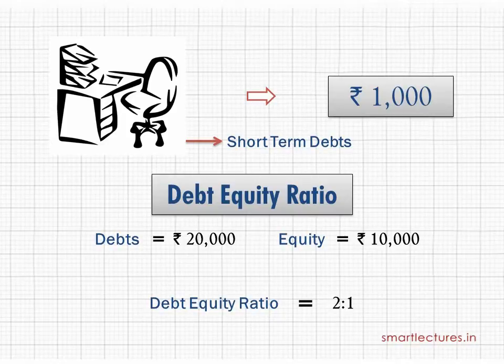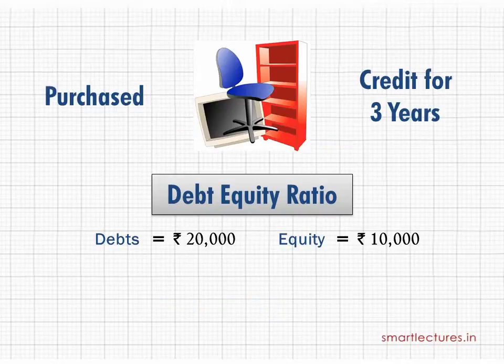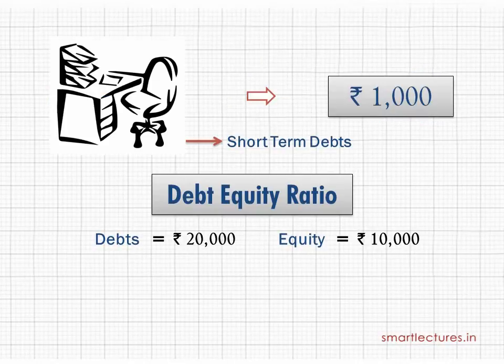Let's take one more example. Suppose furniture is purchased on credit of 3 years. It means this firm has created long-term liability. Suppose furniture was purchased for rupees 1,000 and original ratio of the debt equity was 2:1, means debts were 20,000 and equity was 10,000 rupees.